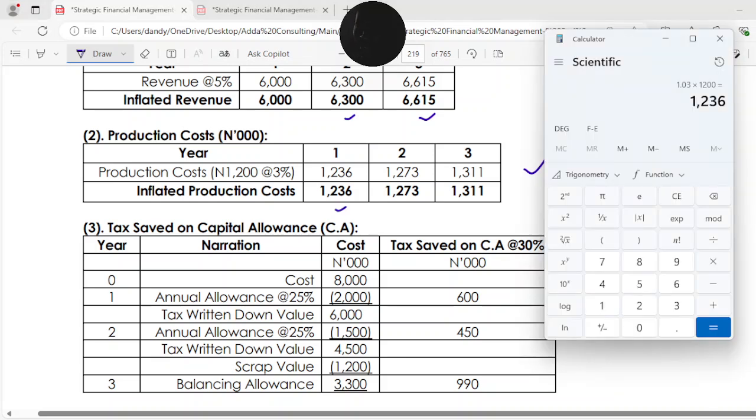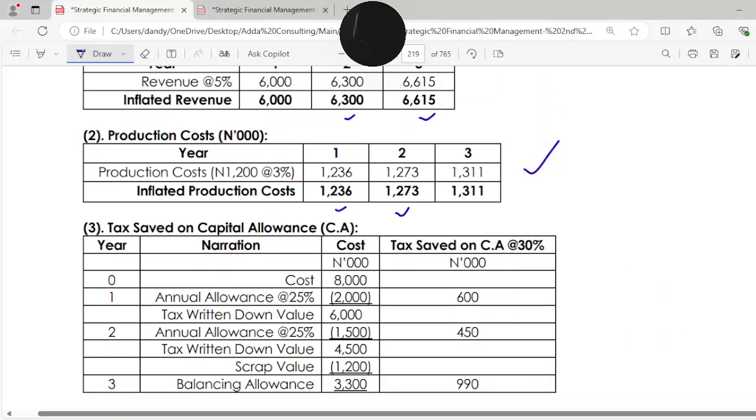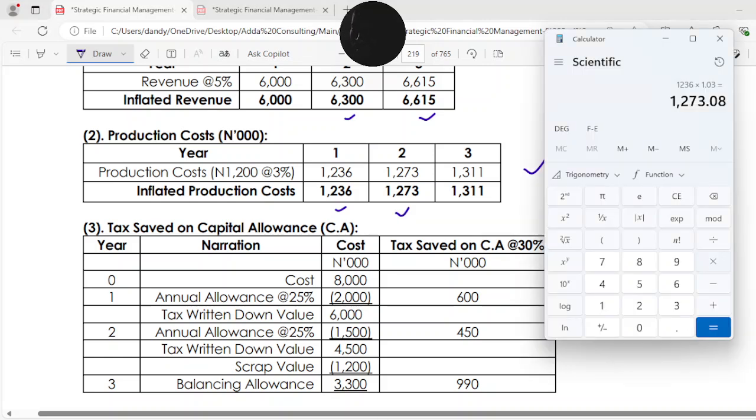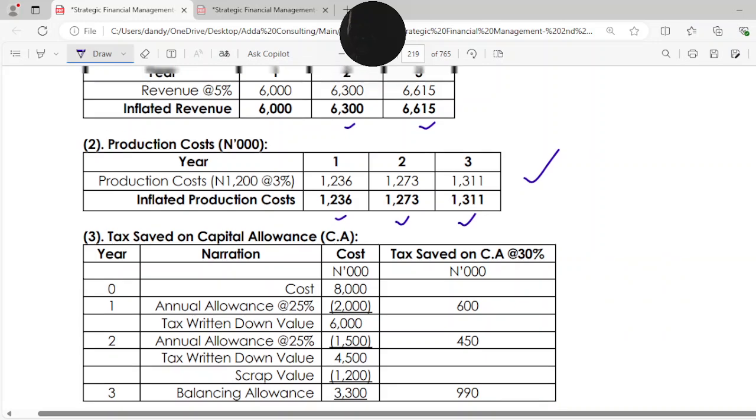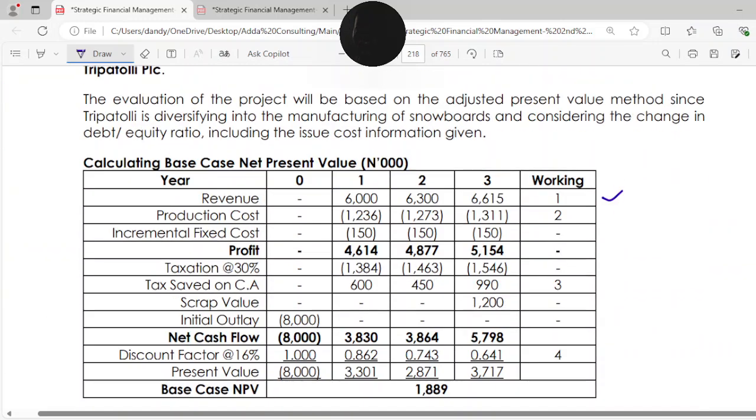Then for the second year, I multiply by 1.03, equals 1273. That's how we got this 1273. What you have in your calculator multiplied by 1.03 will produce 1311. That's how we got the 1311. So let's go and post. That's our working number 2, for production cost.